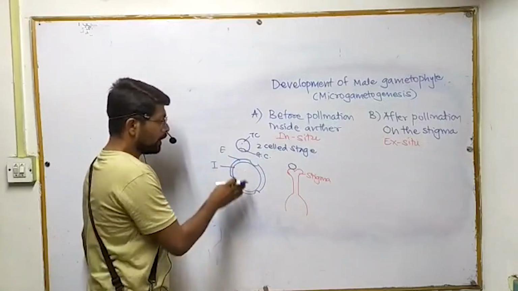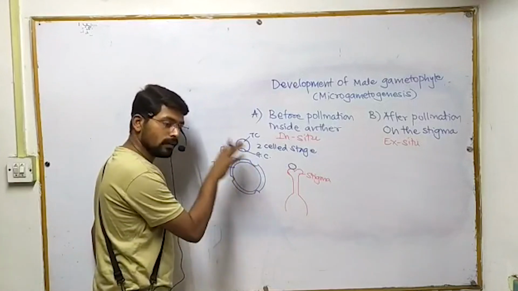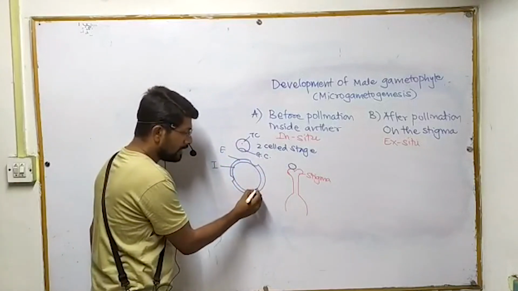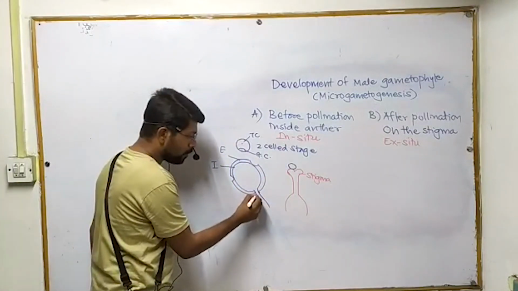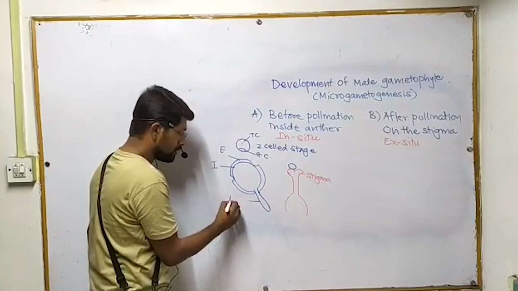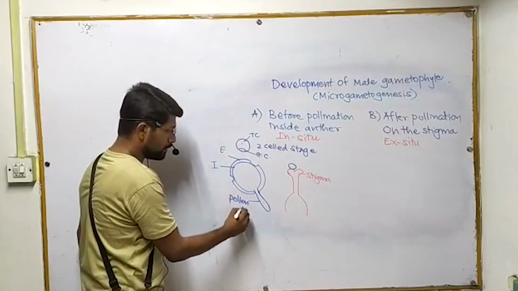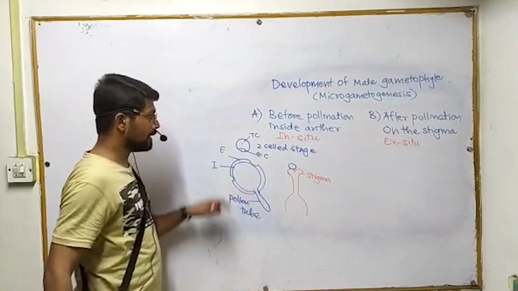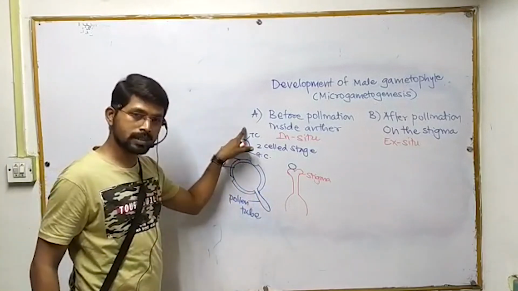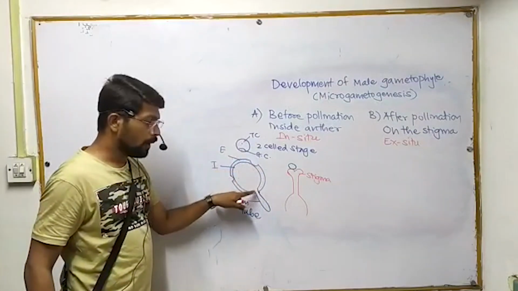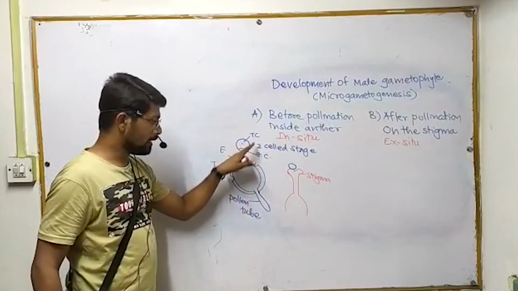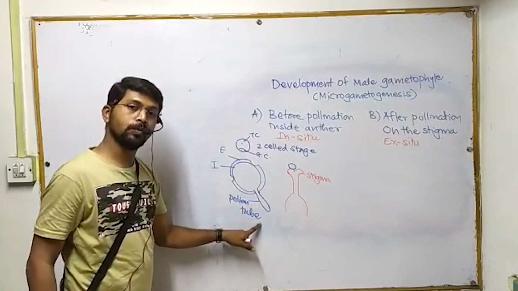And so, due to excess pressure exerted on the intine, the intine will come out in the form of a tube, and this structure is called the pollen tube. Now you can understand why this cell is called the tube cell, because the boundary of this tube cell is responsible for formation of the pollen tube.